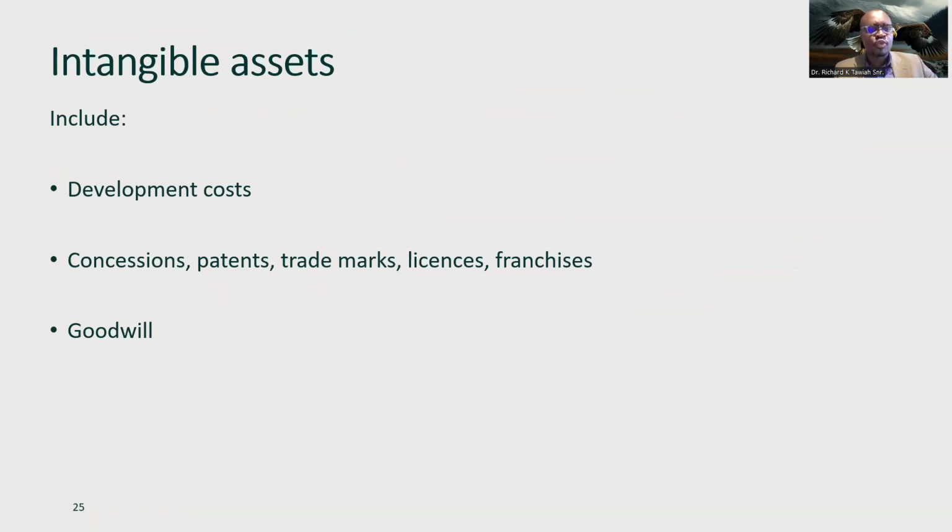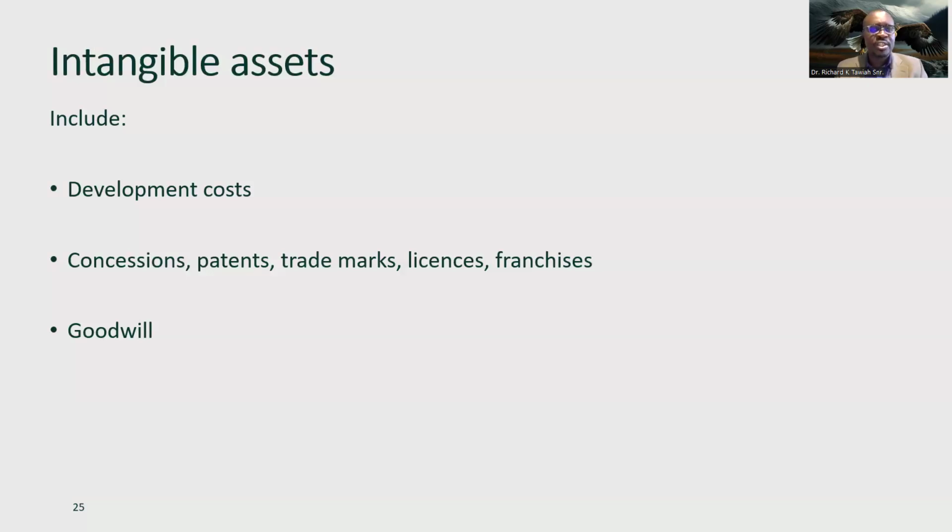You know intangibles. We've mentioned some of them, but I just want to touch on them. Development costs, concessions, goodwill, trademarks, patent licenses, and franchises. If the research cost will not result in the development of an asset, we don't capitalize it.